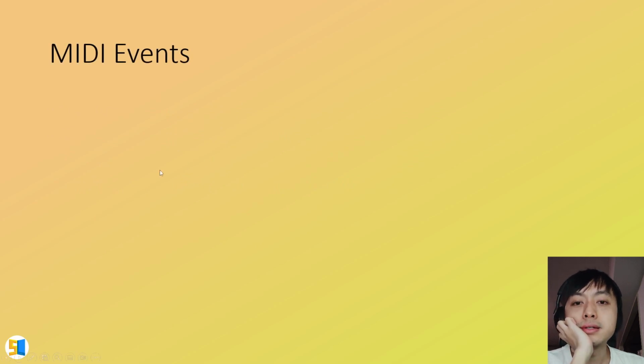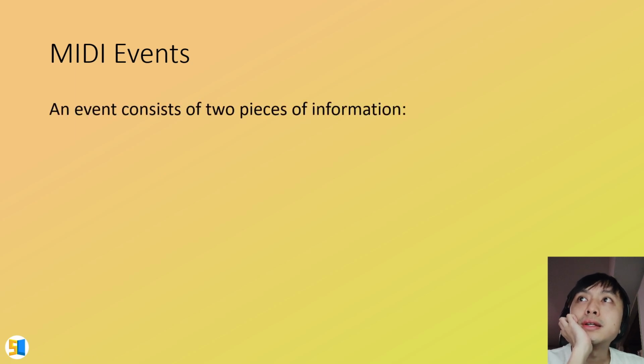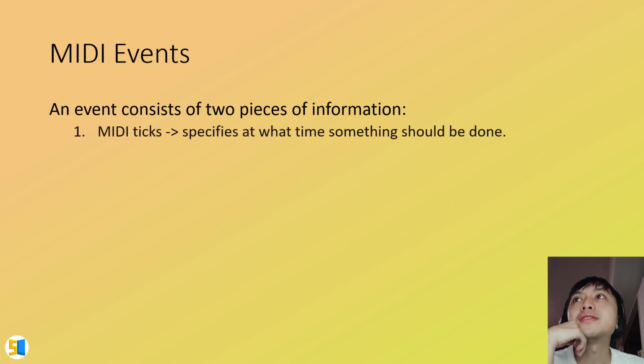So let's check what MIDI events are. An event, right, consists of two pieces of information. Okay, so one MIDI file consists of more than one event to produce sounds, and each event consists of two pieces of information. The first piece is called MIDI Ticks.